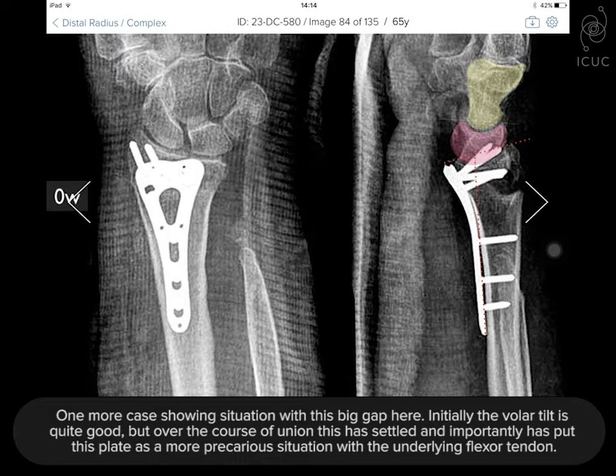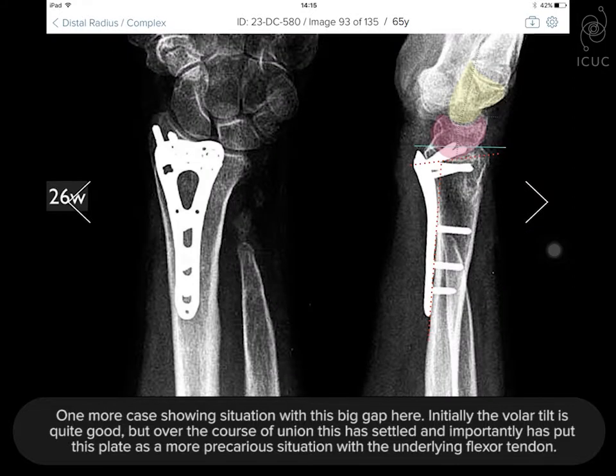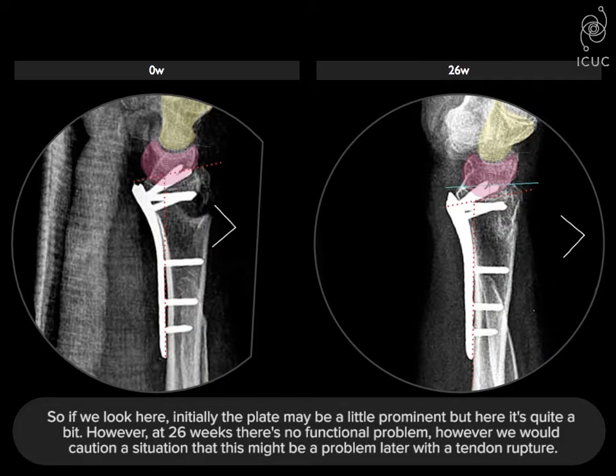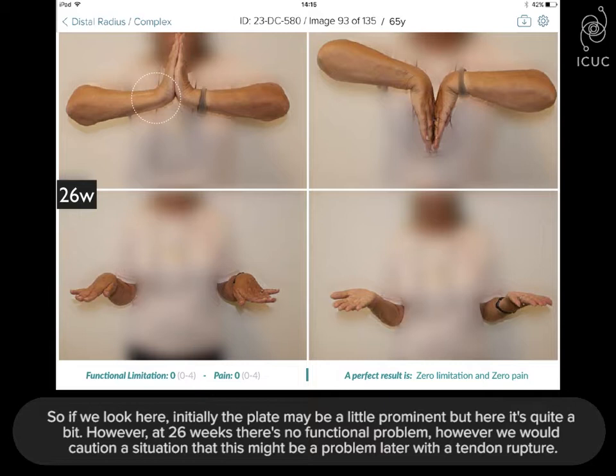Initially, the volar tilt is quite good, but over the course of union, this has settled and importantly has put this plate in a more precarious situation with the underlying flexor tendon. So if we look here, initially the plate may be a little prominent, but here it's quite a bit. However, at 26 weeks, there's no functional problem. However, we would caution that this might be a problem later with a tendon rupture.